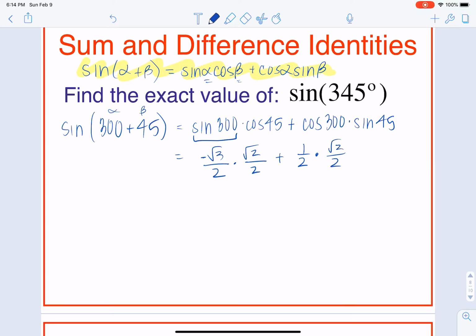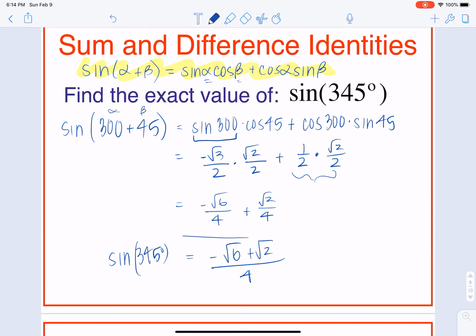So when I multiply these two things together, I get negative square root of 6 over 4, plus here I'm going to get square root of 2 over 4. So I'll end up with sine of 345 degrees equal to negative square root of 6 plus square root of 2, all over 4.